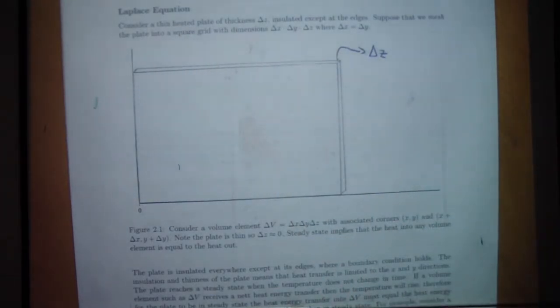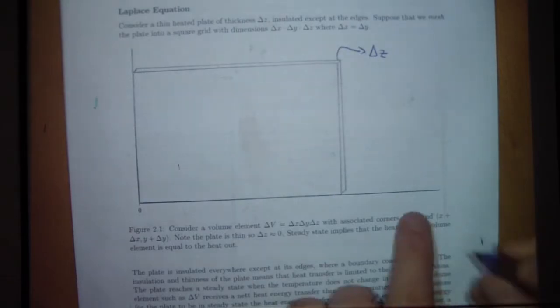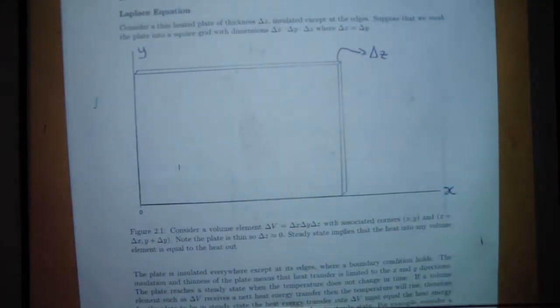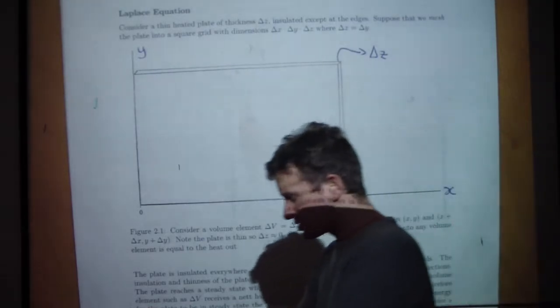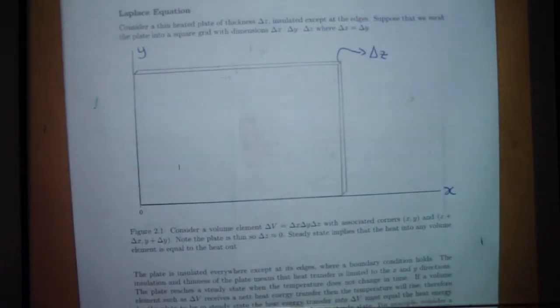So we need an X and Y axis. X and Y. And what we're going to do is we're going to chop this thing up. And this idea of chopping something up into loads of little pieces, I probably call it meshing here. It's also called finite element kind of thing.